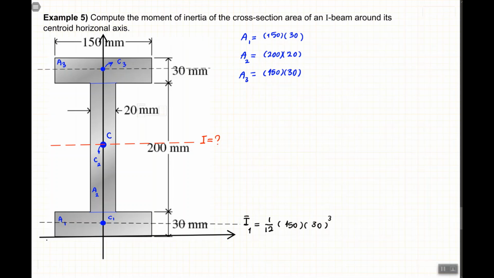So moment of inertia about this axis, I will write down here, I bar 3 is gonna be equal to 1 over 12, 2 brackets, power 3, and this 150, and this one is basically 30 to power of 3.